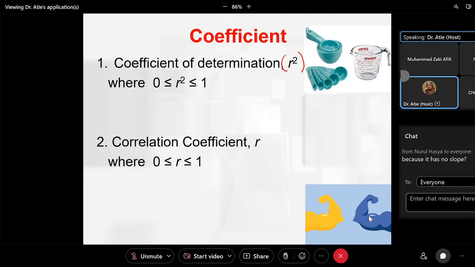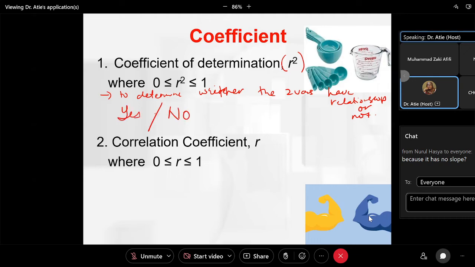The purpose of the coefficient of determination is to determine whether the two variables have a relationship or not. So we need to answer yes or no. That's the purpose.